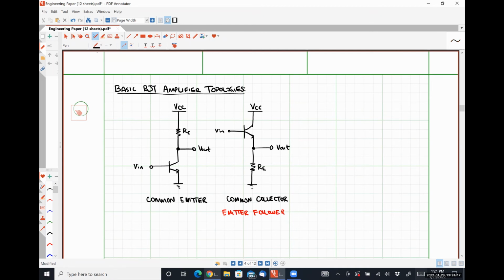And our third basic configuration is the common base amplifier, where we have some collector resistance RC. We're going to take our output at the collector terminal.